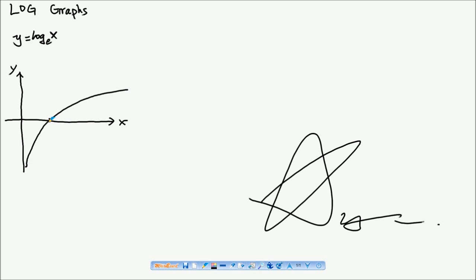This is 1, and I have a vertical asymptote in this case, which is x equals 0. As I can say from the graph, as x approaches 0, y approaches minus infinity.